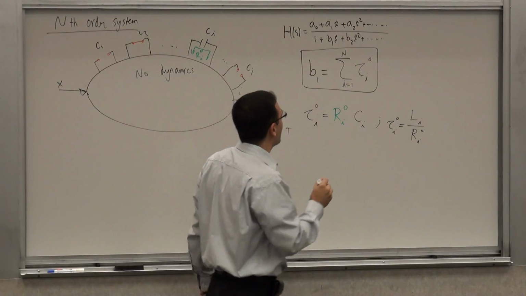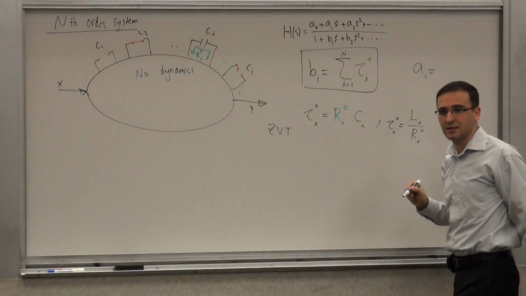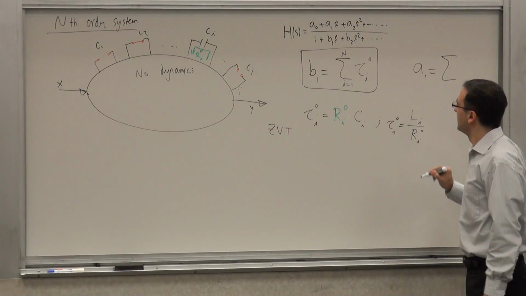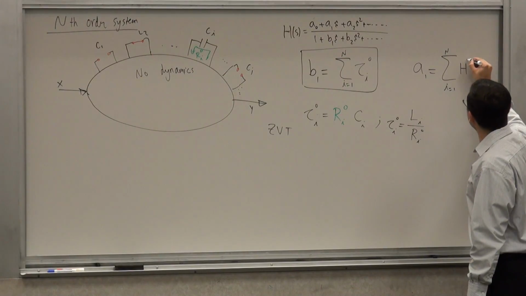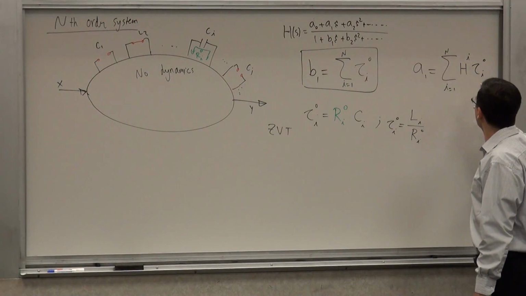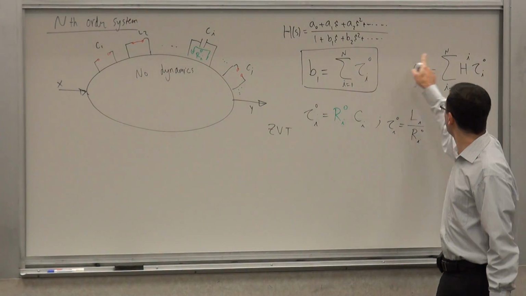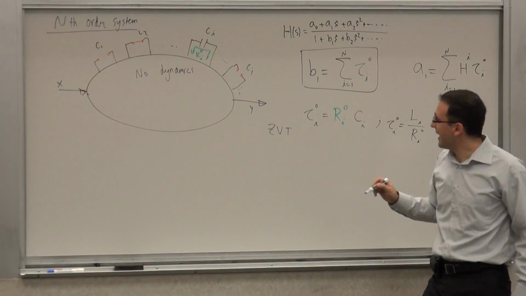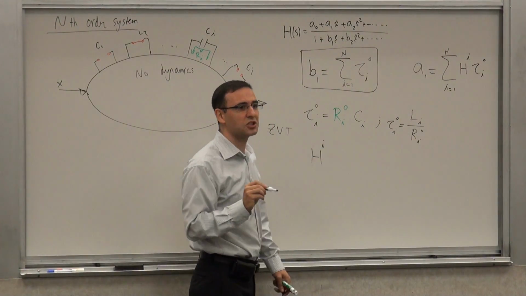And what A1 is, in general, for an Nth order system, is the sum over all elements of Hi tau I0. Where tau I0 is exactly the same zero value time constants. So once you calculate it for this one, you can use it there. And Hi's are what we call the transfer constant.